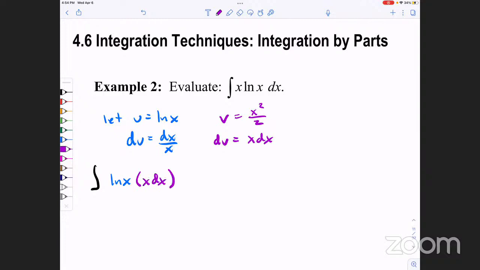This is what we started with. This is going to be equal to u, which is ln x, times our v, which is x squared over 2, minus the integral. Let me see, if that's u dv, so it's v du.